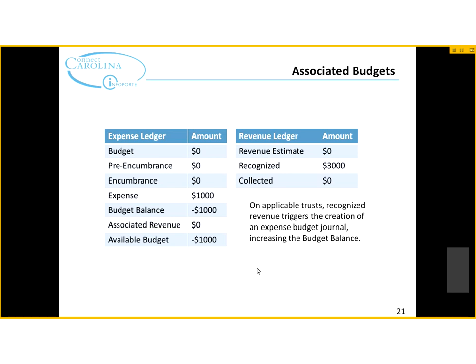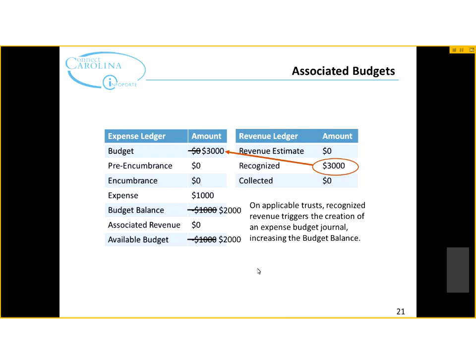On the sources that are associated, this recognized revenue is going to trigger an expense budget journal. That $3,000 would get picked up in the batch tonight. It would update the expense budget for $3,000, and that's going to change our budget balance and available budget to $2,000. That's how the math works with associated budgets.